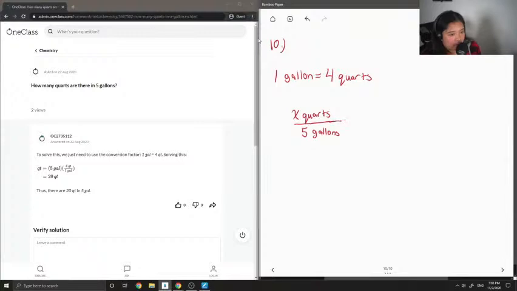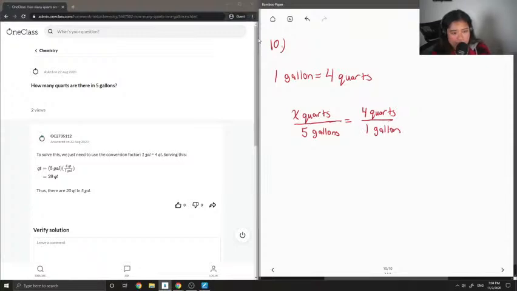And then when you do your conversion, on the other side of the equation, you're just going to put the conversion factor. So we know that there are 4 quarts in 1 gallon.